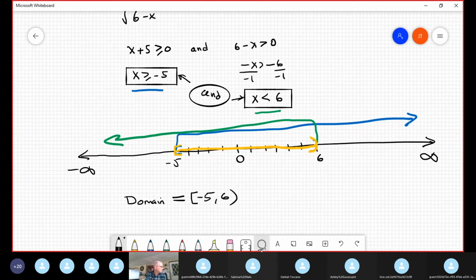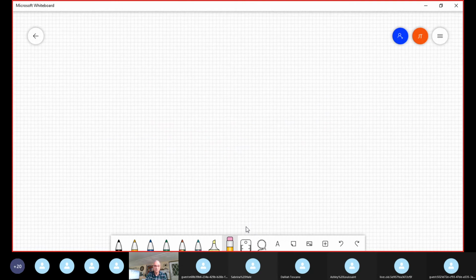Let's move on to question C, which is a little bit more complicated because I suppose we have three restrictions, no?